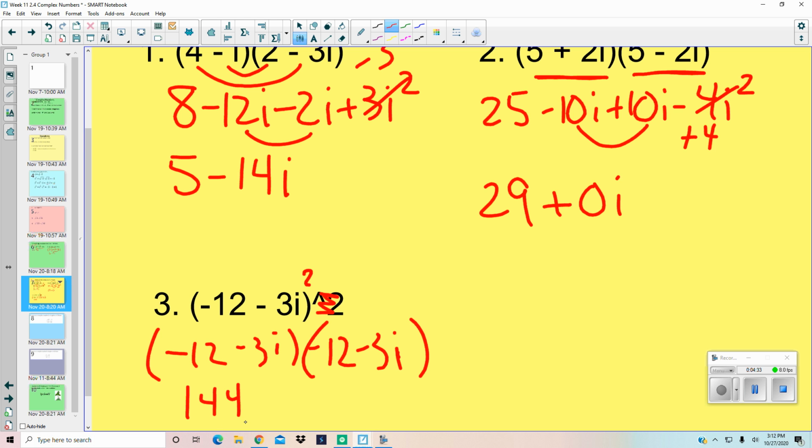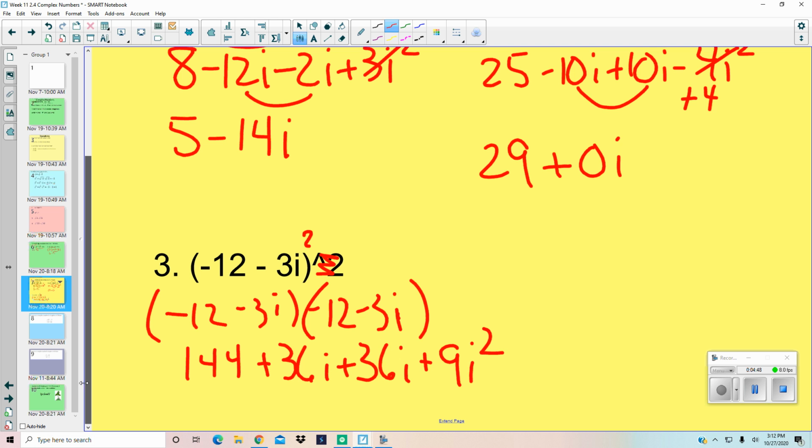And then 12 times 3 is 36, so I'm going to get +36i, +36i, and then +9i squared. 9i squared, or i squared is -1, so this becomes a -9. So I have 144 minus 9, which is 135, and then 36 plus 36, which is 72, i.